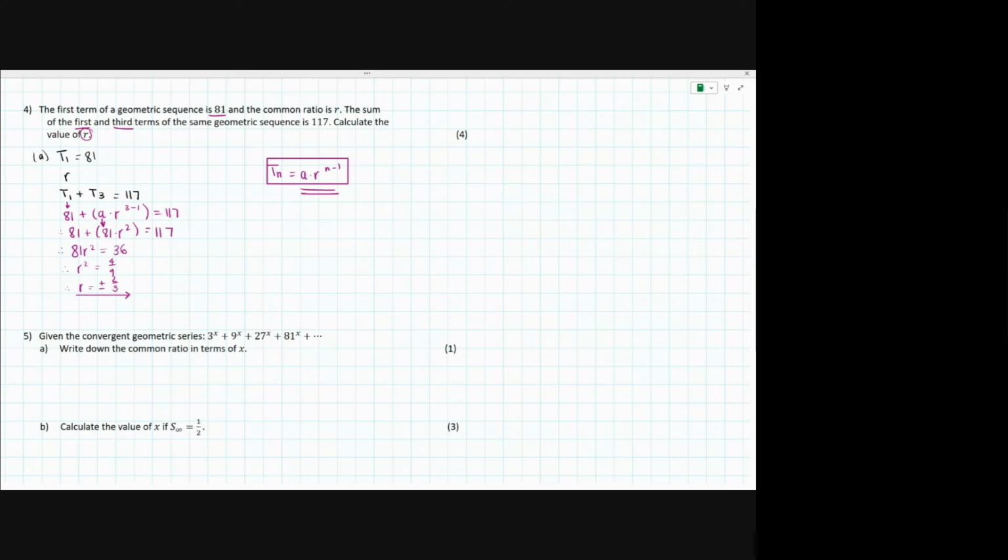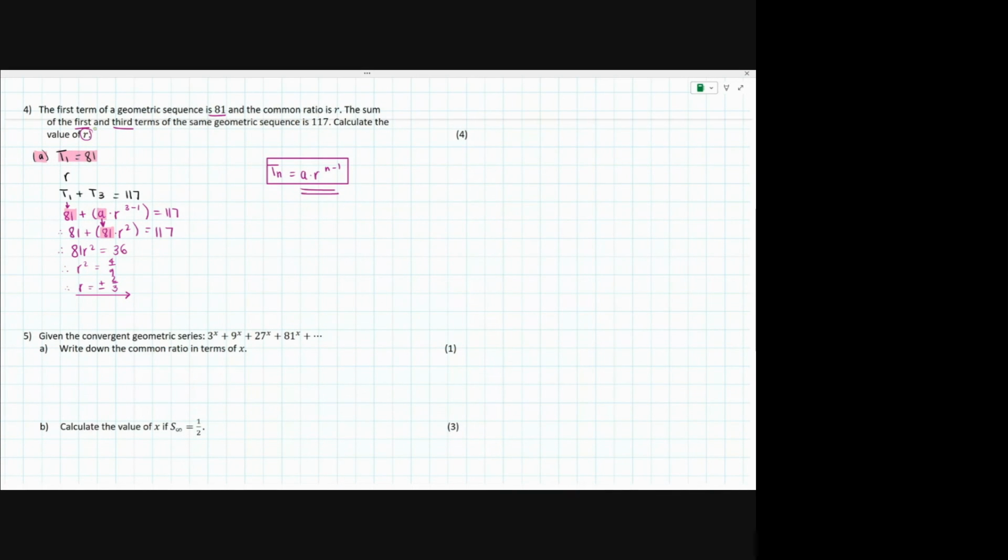But this is just a basic exponential equation. This is something that we could have given you way back in like grade 10. It's an exponential equation, and you're solving for r. Again, a is your first term, so that is why I substituted 81 for a.